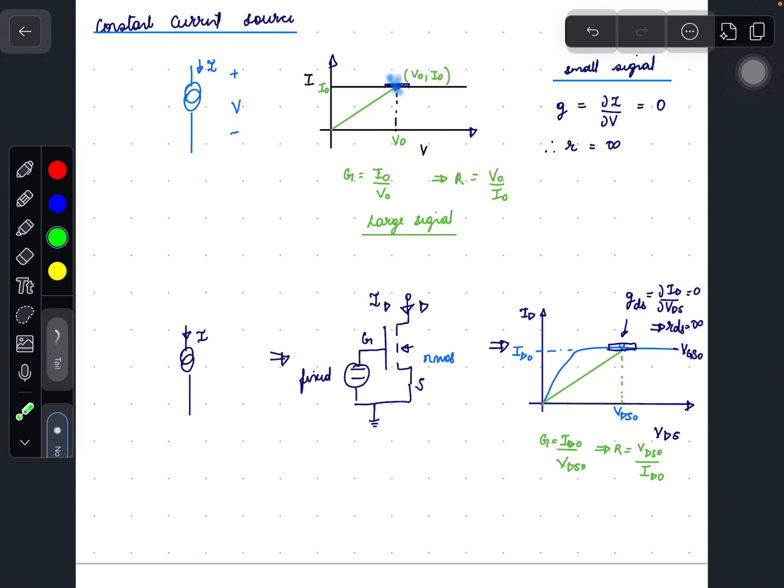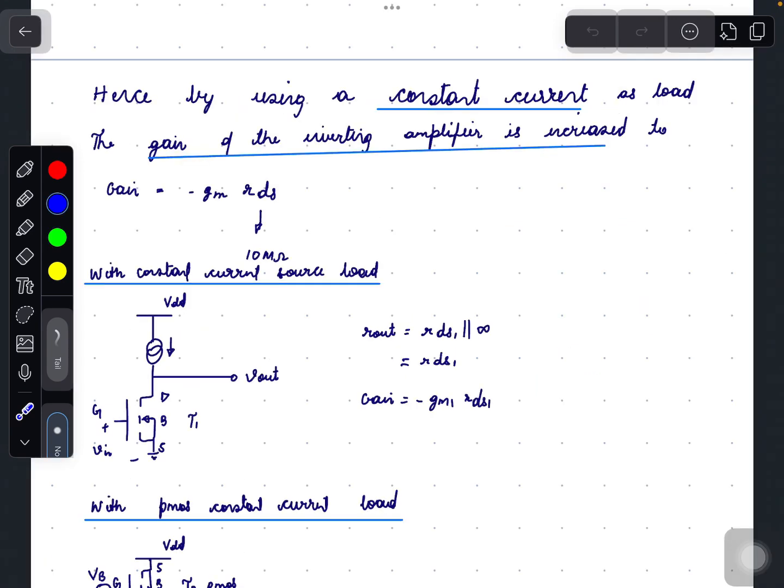So we have a very high small signal resistance and a low large signal resistance. Hence, by using a constant current source as load, the gain of the inverting amplifier can be increased.